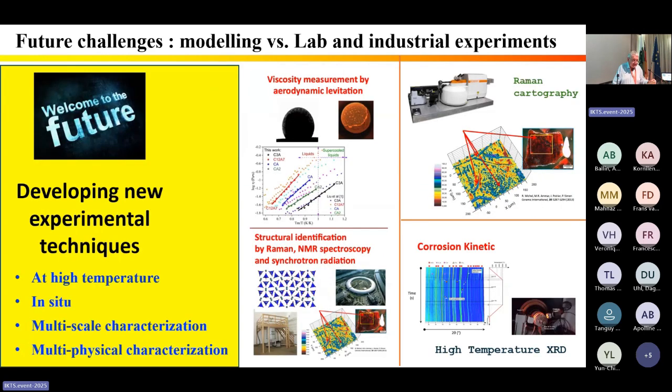The second aspect is developing new experimental techniques at high temperature, in situ, multi-scale characterization, multi-physical characterization. For example, viscosity measurement by aerodynamic levitation, structural identification by Raman, NMR spectroscopy, synchrotron radiation, determination of corrosion kinetics, Raman cartography, and so on.